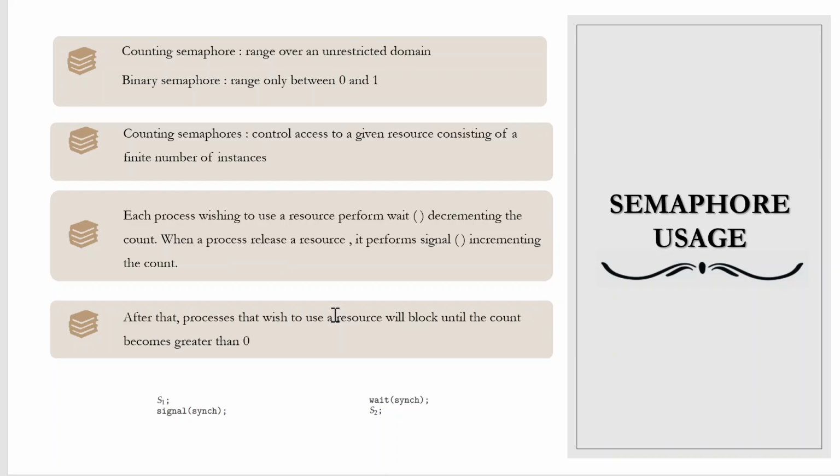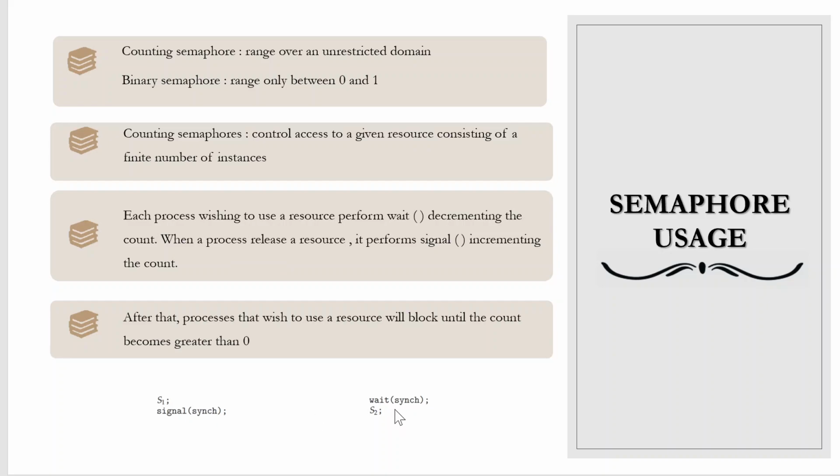For example, consider two concurrently running processes, P1 with a statement S1 and P2 with a statement S2. Suppose we require that S2 be executed only after S1 has completed. We can implement this scheme readily by letting P1 and P2 share a common semaphore sync initialized to 0.